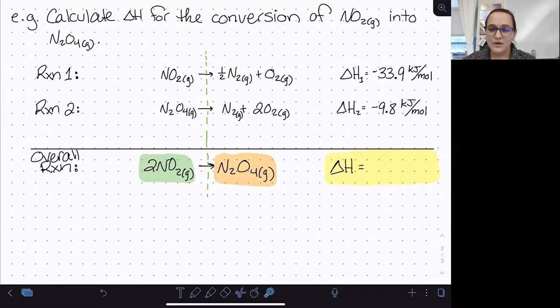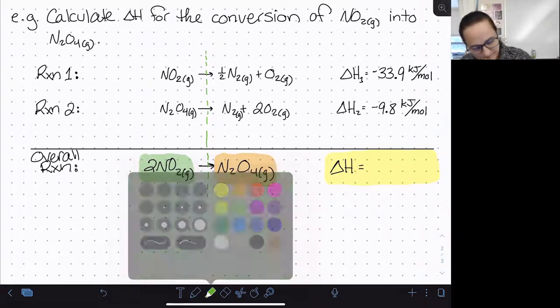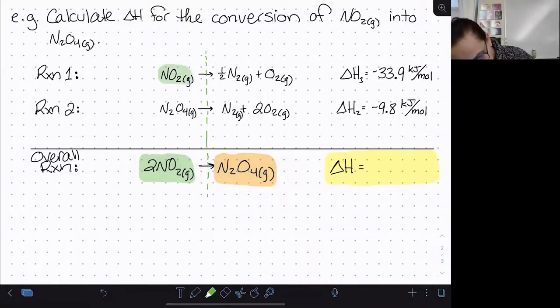So what you should have found is that we have 1 NO2 on the left here. So we have our substance on the right side, but we don't have the right number. What we need to do here is multiply this whole reaction by 2. So we'll have 2 NO2 forms 1 N2 and 2 O2.